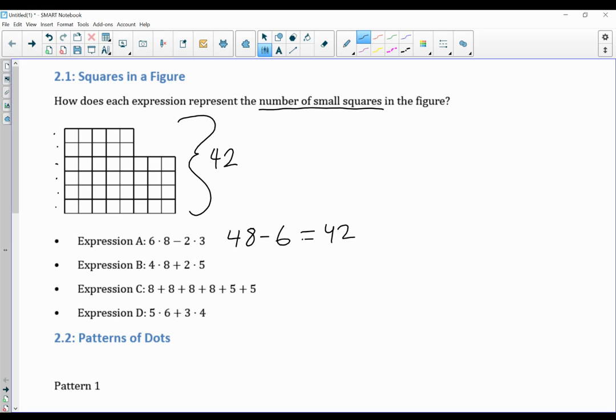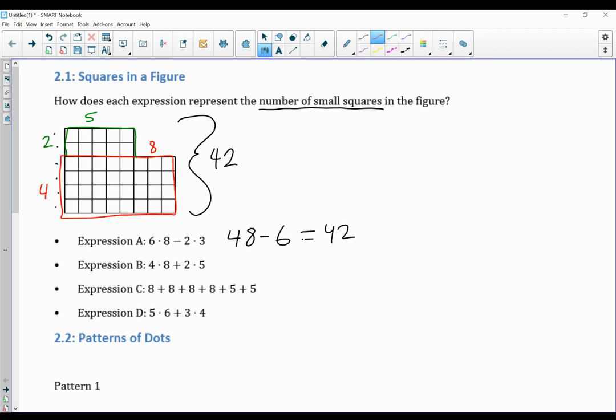These 4 rows all have 8 boxes in each row. But then the top 2 rows, they only have 5. So this is like 2 by 5, where down here, this is 4 by 8.